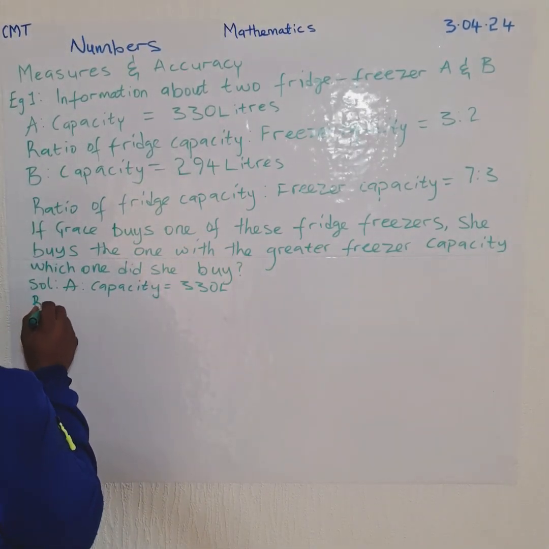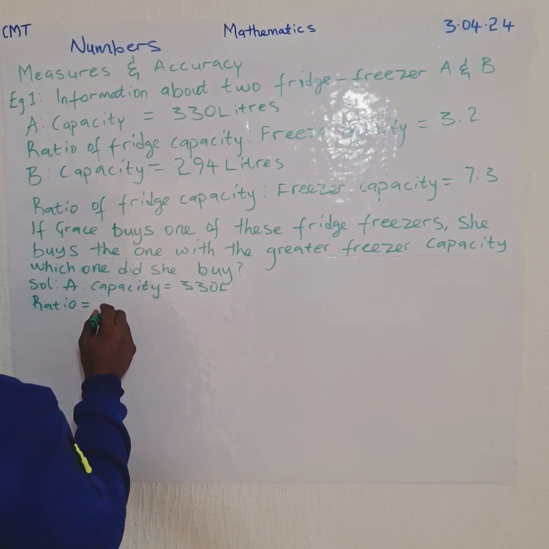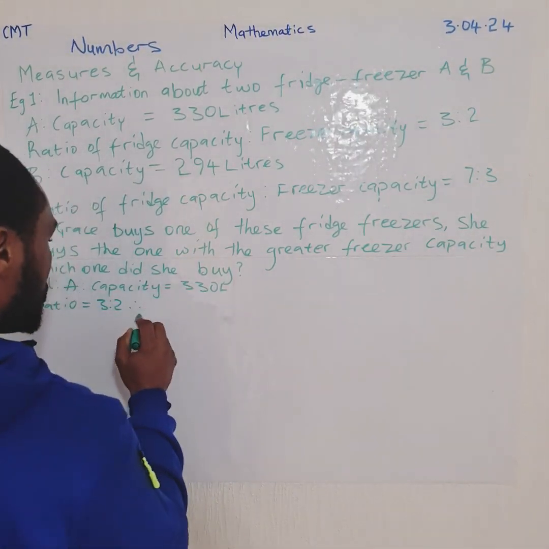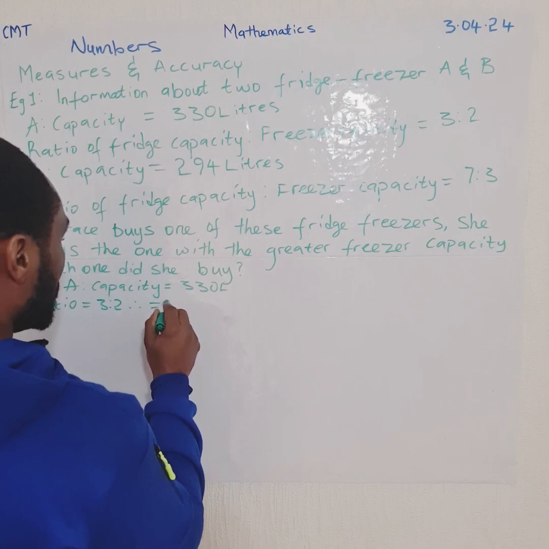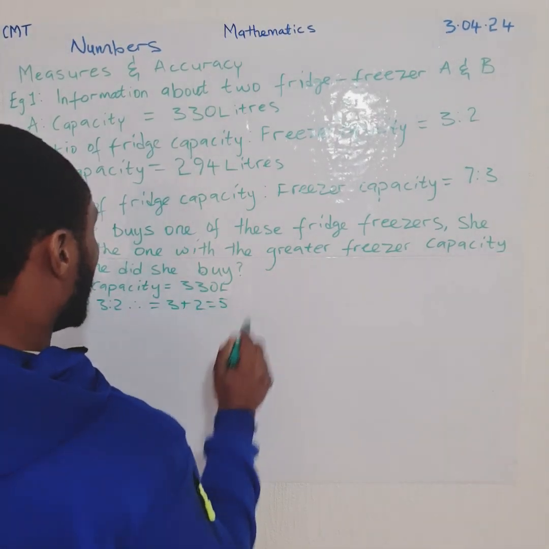Ratio is equal to 3:2. Therefore, sum of ratio is equal to 3 plus 2, which is 5.